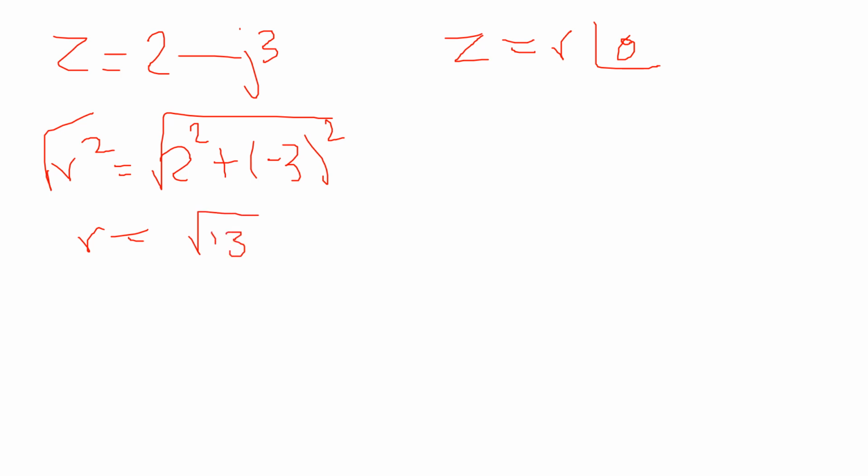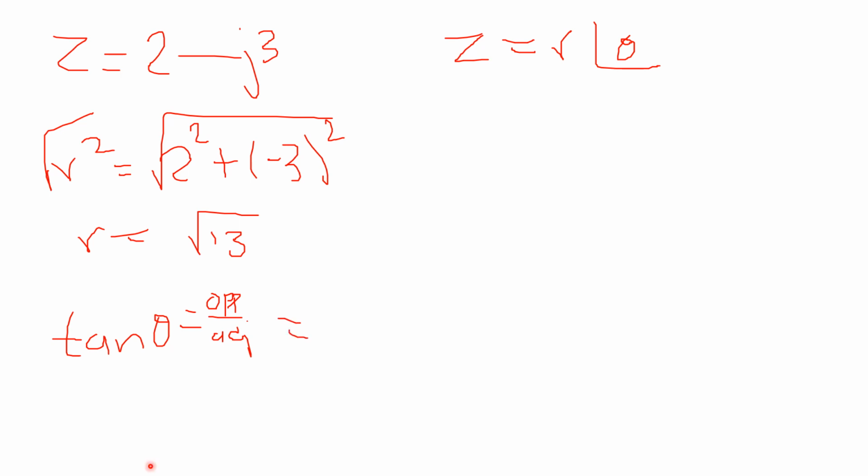Okay. So after we find the value of r, then we must find the value of theta. So to find the value of theta, we can use tangent of theta. So remember, tangent of theta is actually opposite over adjacent. Okay.